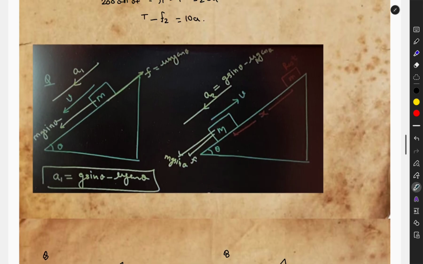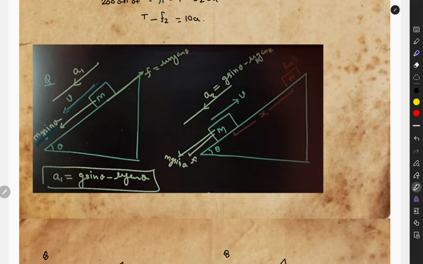The next thing is a question. Let's say a block m is placed on the inclined surface and it is going to slide with speed v, and acceleration is also in this direction. We need to find the acceleration. So mg sin theta is in this direction.